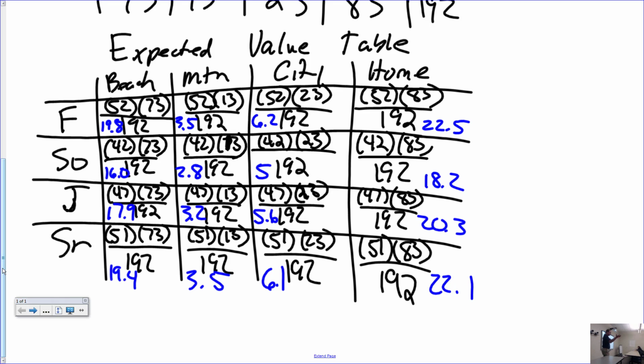If you're greater than, you get to reject, etc. And remember that this is the test for independence, or the test for association, depending on who you're listening to.